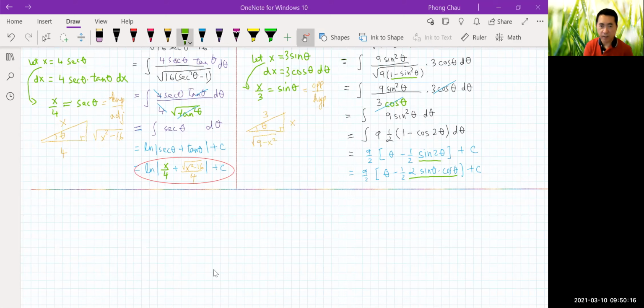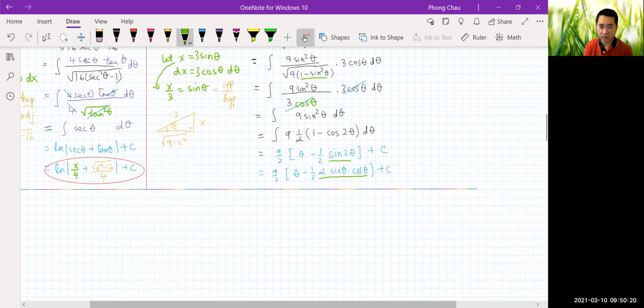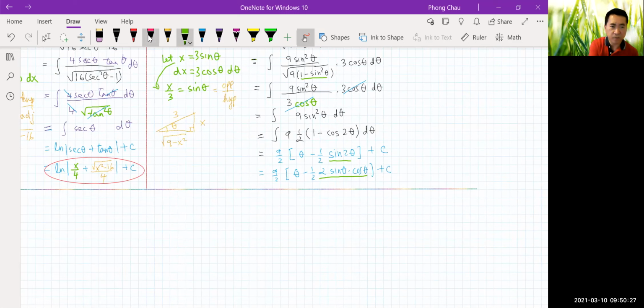All right. Now from here, I can substitute in, but at the same time, I think we can have the 2 and the 1/2 cancel out. And the final step here is to rewrite that as 9/2 times theta.